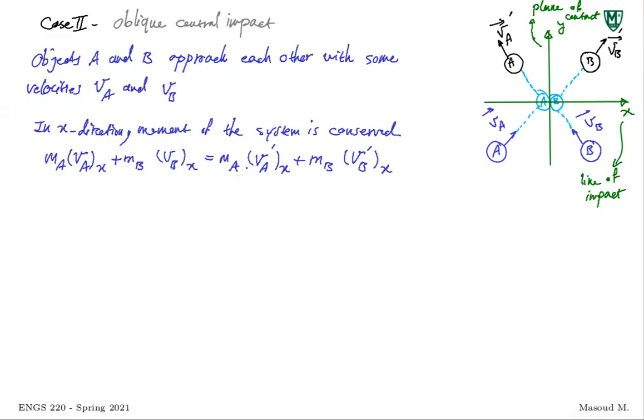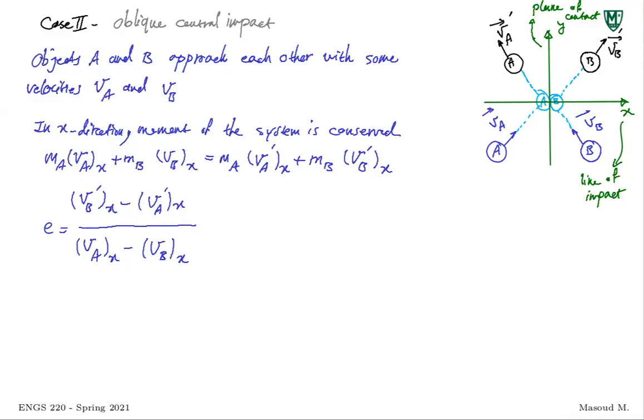So you also have E as a coefficient of restitution: E is equal to VB prime X minus VA prime X over VAX, the velocity in X of A before impact, minus the velocity of B before impact.